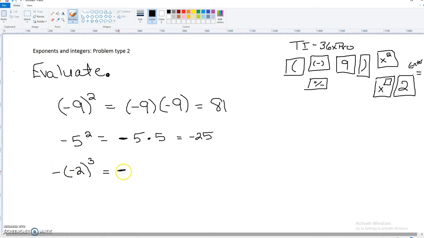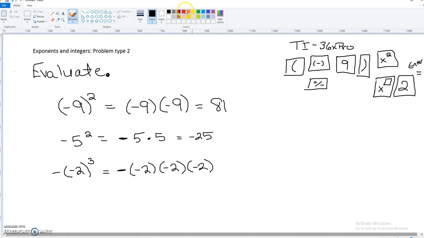Inside the parentheses, we've got a -2, and this one's being cubed. So that's the other thing you need to pay attention to: the exponent, the power that it's being multiplied by. So we've got -2 times -2 times -2, all of these being multiplied together.